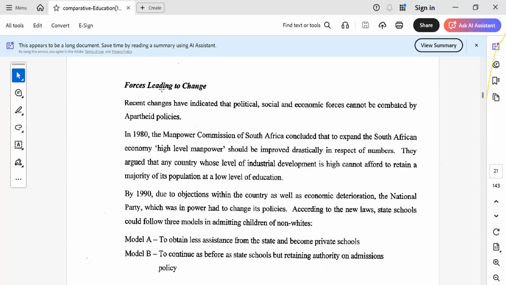In 1948, they formulated apartheid policies, a very discriminative policy, giving special attention to whites. But in 1990, you can see some changes. According to the new laws, state schools could follow 3 models in admitting children of non-whites.